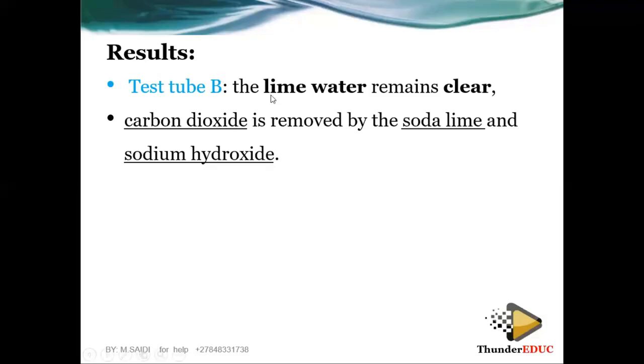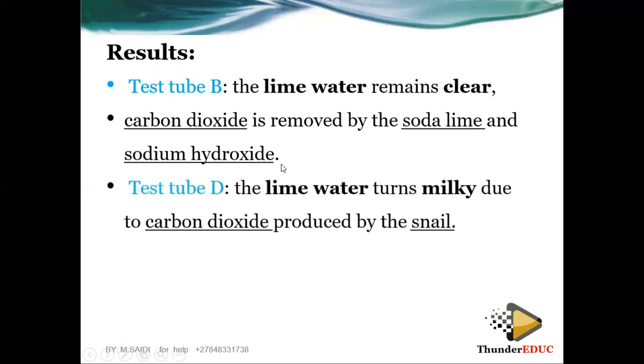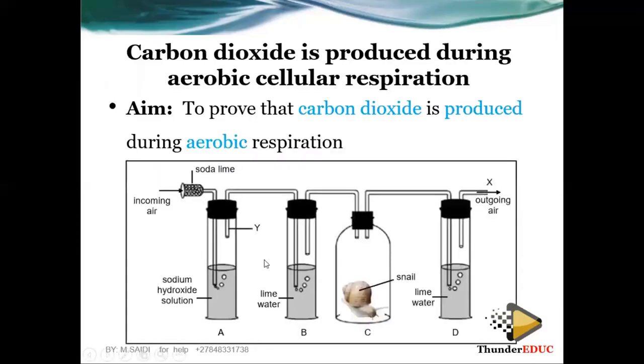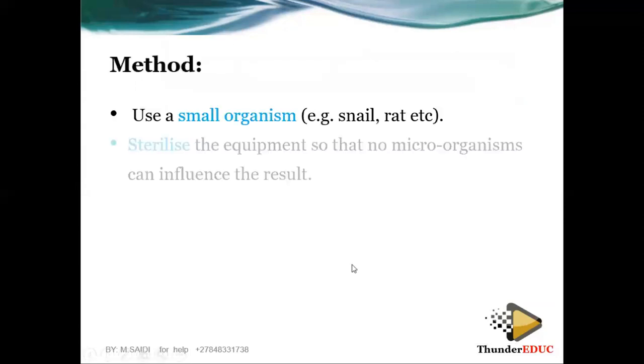So the carbon dioxide is removed by soda lime, or sodium hydroxide, in test tube A. Then in test tube D, the lime water turns milky due to the carbon dioxide produced by the snail. And this one remains clear because carbon dioxide is absorbed earlier. So it shows that the incoming air is free from carbon dioxide.